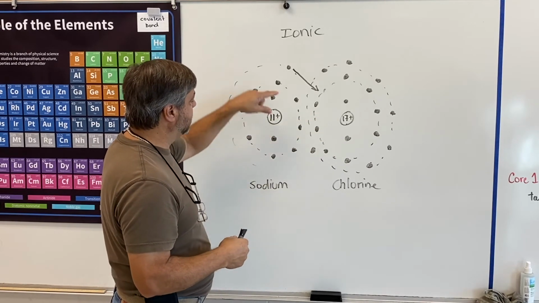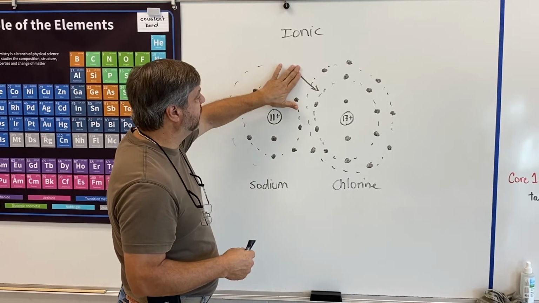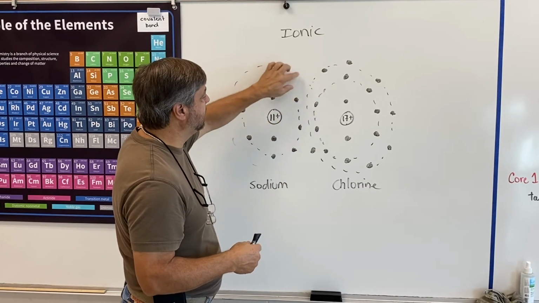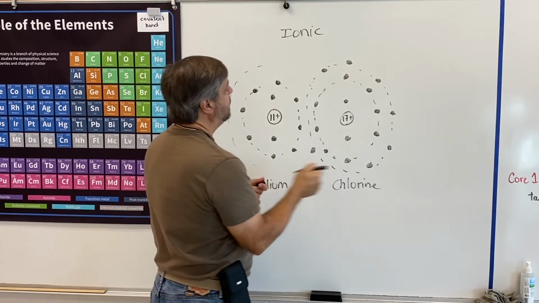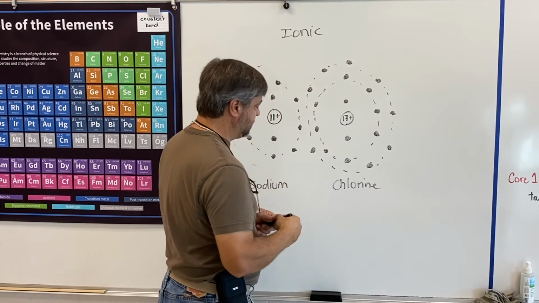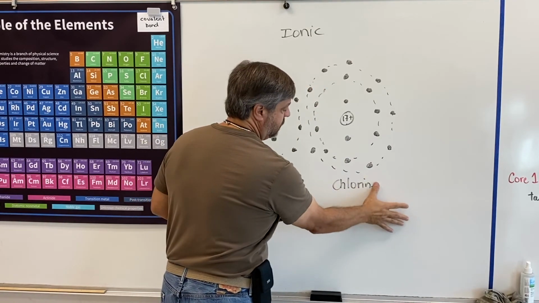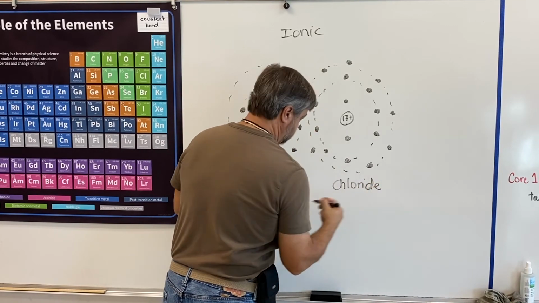That's going to make sodium happy because now it does not have this electron anymore. It loses its unstable outer shell, and now this becomes its outer shell. And we've added yet another electron in here, making chlorine much happier. And now we have sodium chloride, which is salt.